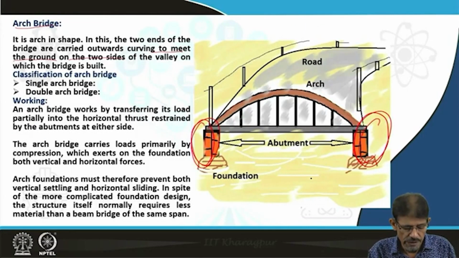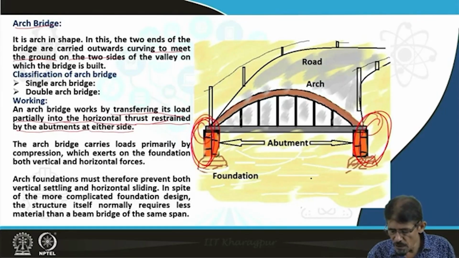How does it work? An arch bridge works by transferring its loads partially into horizontal thrust, resisted by the abutment at either side. The whole load is transferred to the abutment to support this structure. The arch foundation must therefore prevent both vertical settling and horizontal sliding.